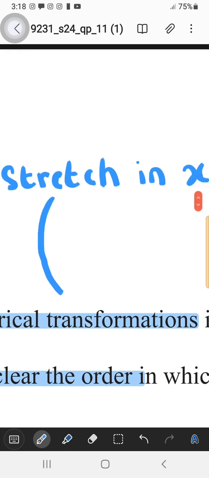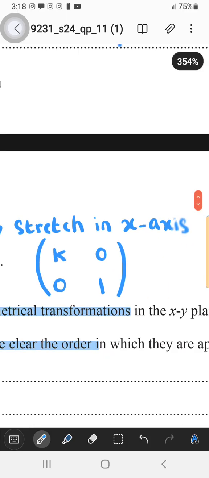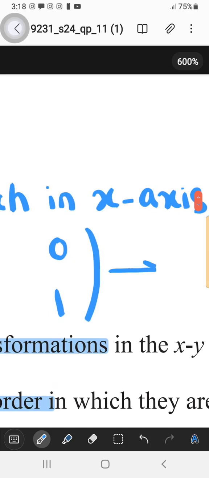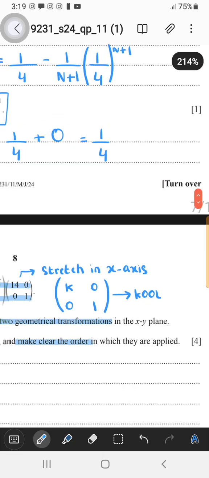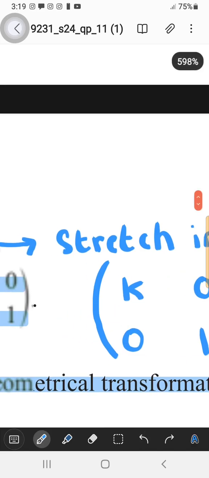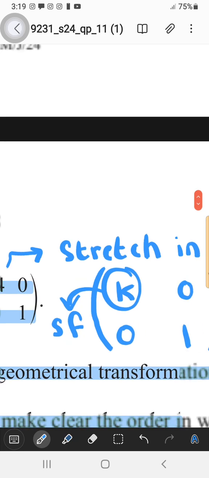If it is like this, we can memorize it: this is k, this is 0, this is 0, this is 1. Okay, this k is the scale factor or stretch factor.